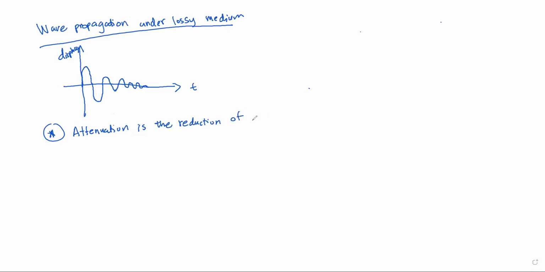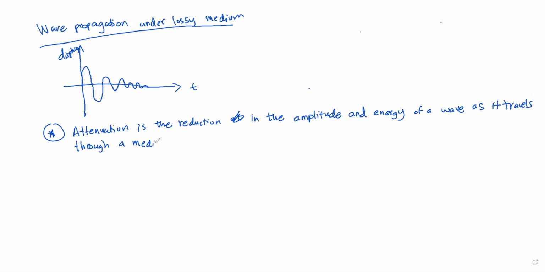The amplitude reducing means energy reduces. It is the amplitude reduction of a wave as it travels through a medium, so its amplitude and its energy can get reduced.